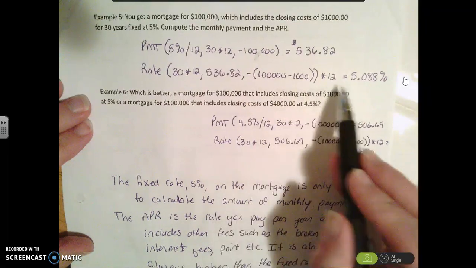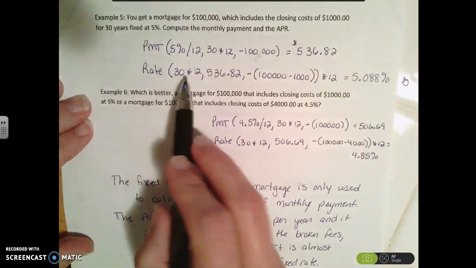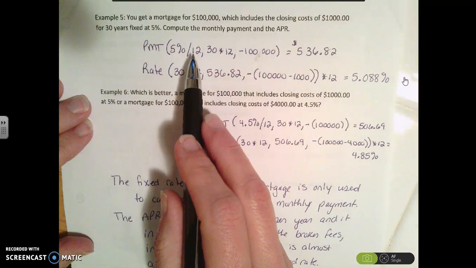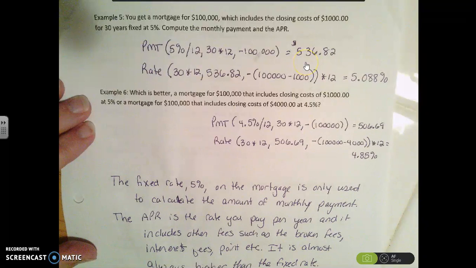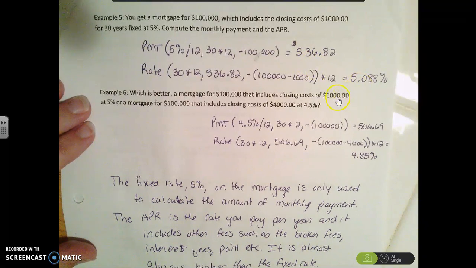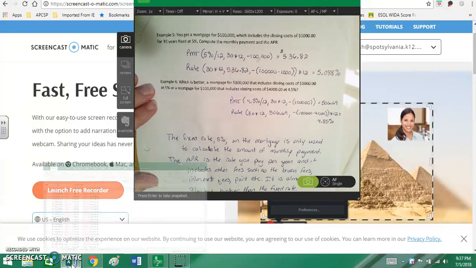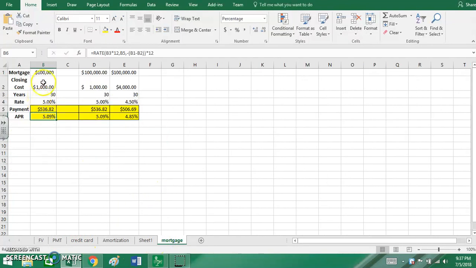And remember, since we're dealing with monthly payments, we're going to be multiplying our rate by 12, and we have to divide our percentage by 12. So these are the numbers that we get. 536 is going to be our payment, and 5.088 is our percent. So if we go to the spreadsheet again, here's our mortgage calculator.